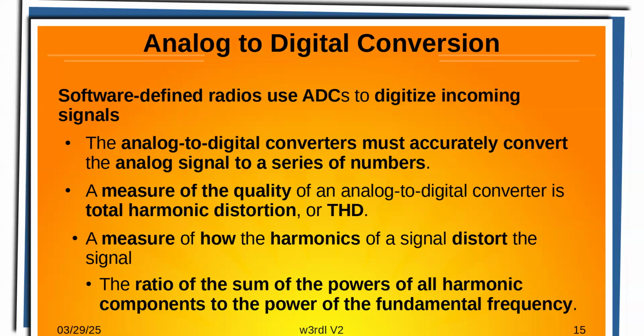And one of the measures is they look at the sum of all of the harmonics compared to the fundamental frequency. So they're looking at that ratio. How do they determine all those harmonics? You have to look at it with something that does an FFT, like a spectrum analyzer.